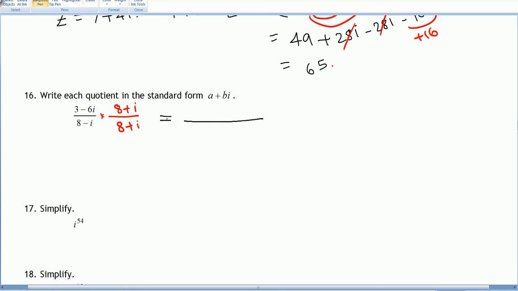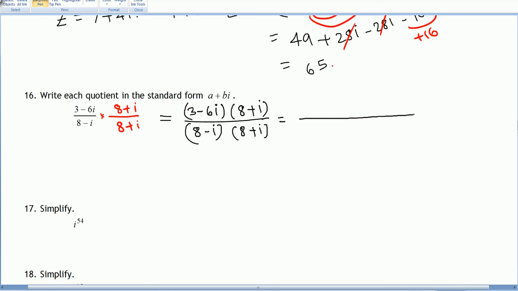So we need to FOIL the top and FOIL the bottom. Let me write here, 3 minus 6i times 8 plus i on the top. We could have FOILed and not written this step. 8 minus i times 8 plus i.